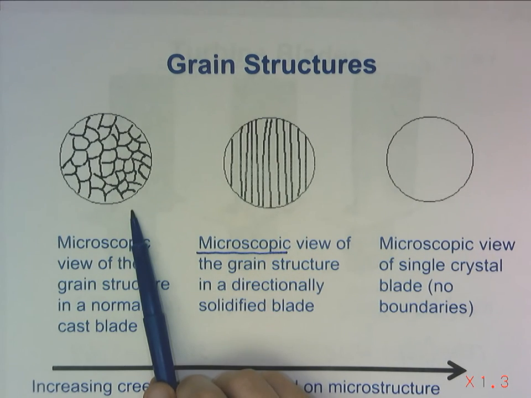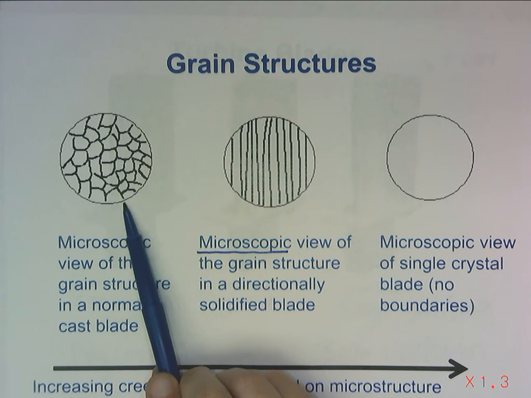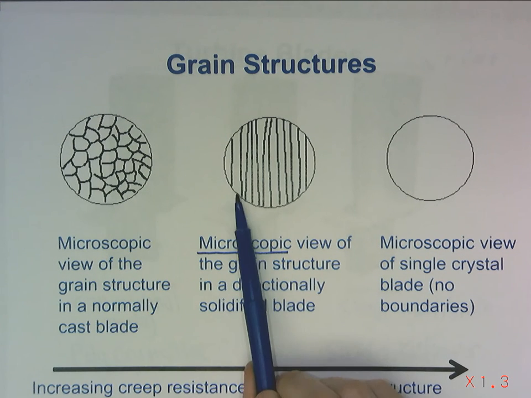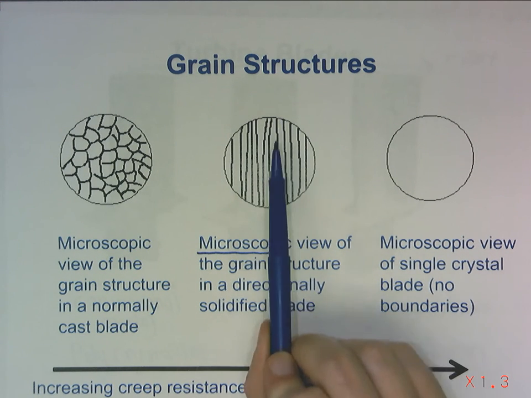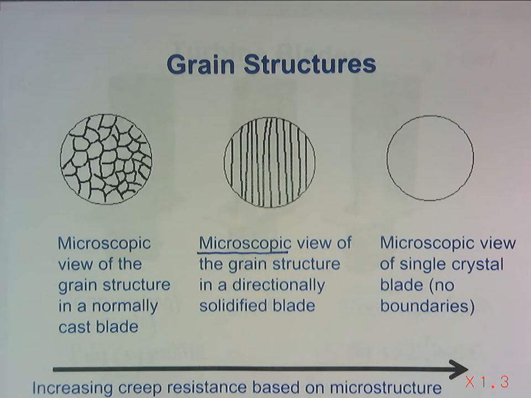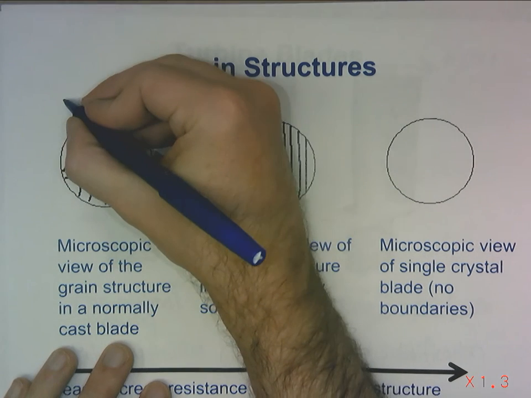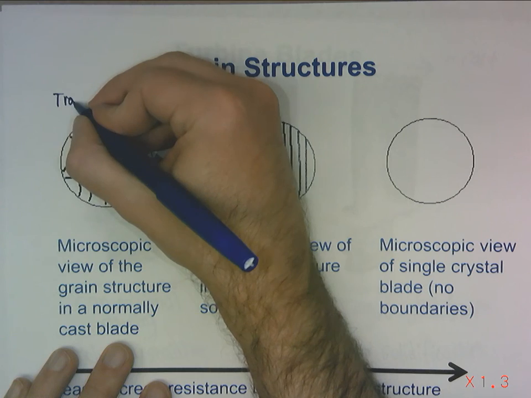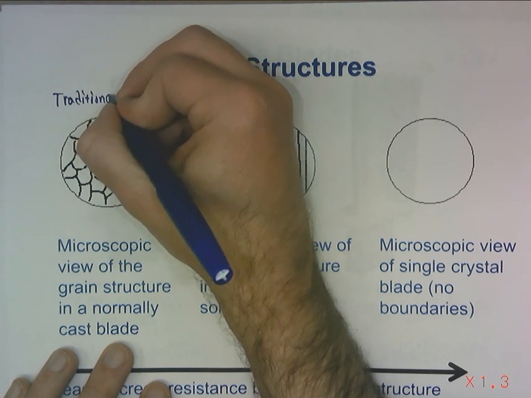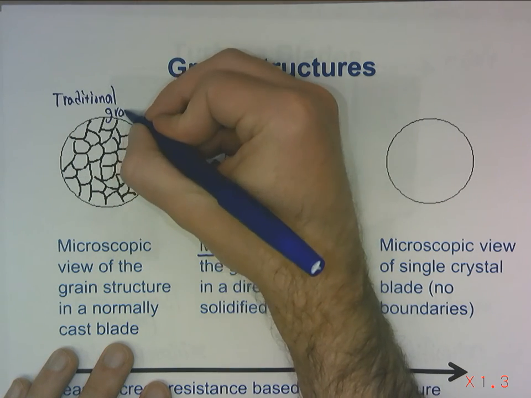Conventional grains, grain boundaries like we've seen outlined here. Now we have long grains. That's our columnar grains. So this is traditional grains.